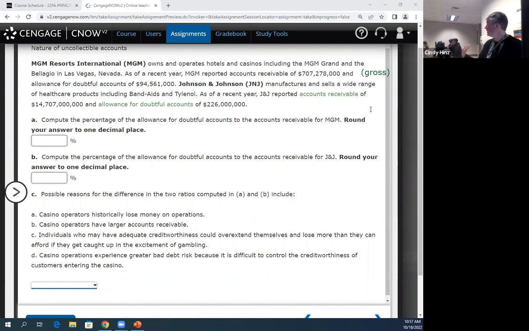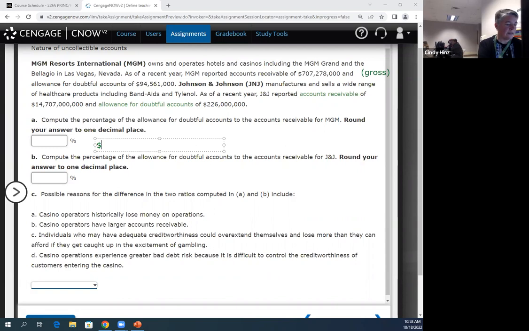However, they don't really think they're going to collect all of that. And if we go on to the next line, it tells us the allowance for doubtful accounts has $94,561,000 in it. In other words, of the $707 million that they're owed, about $100 million of that, they don't think they're actually going to collect. That's a pretty high percentage. And that's what we're asked to calculate here in part A: compute the percentage of the allowance for doubtful accounts to the accounts receivable for MGM.